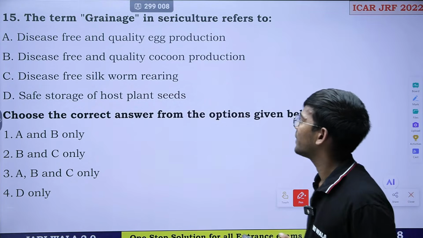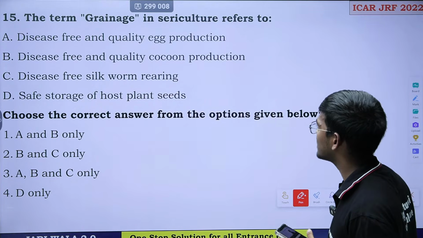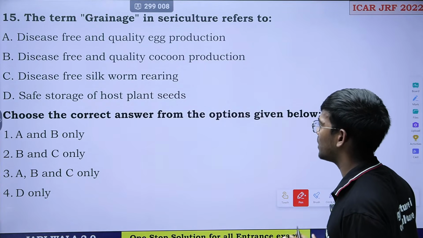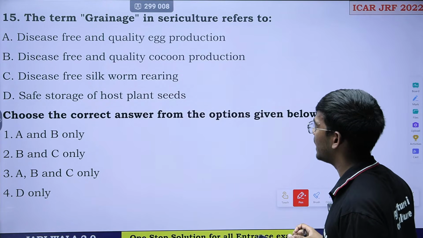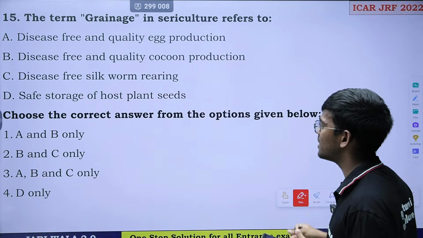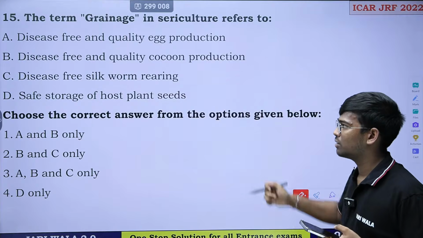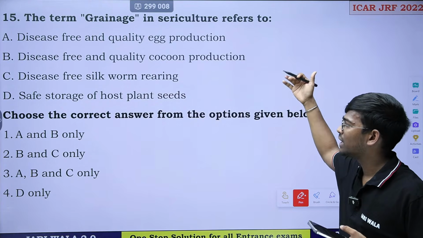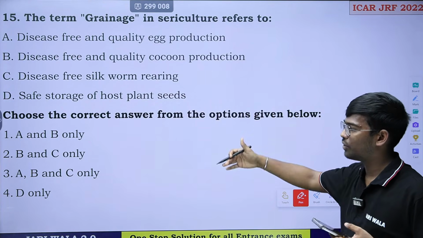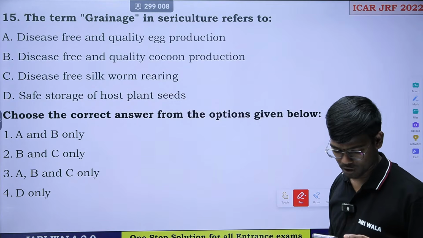The term grainage in sericulture refers to: disease-free and quality egg production, disease-free and quality cocoon production, disease-free silkworm rearing, safe storage of host plant seeds. Here they give the set of options, and we have to select the appropriate option.